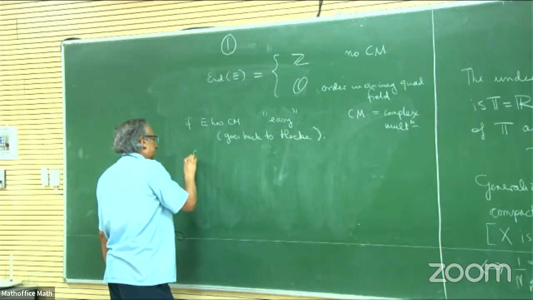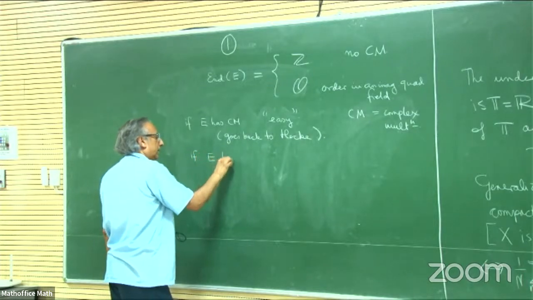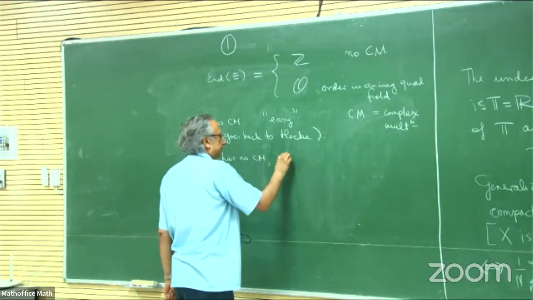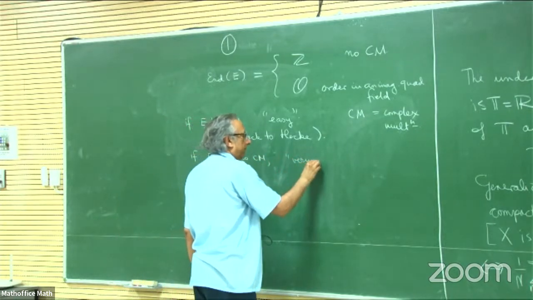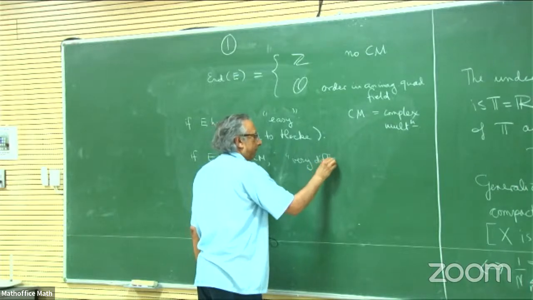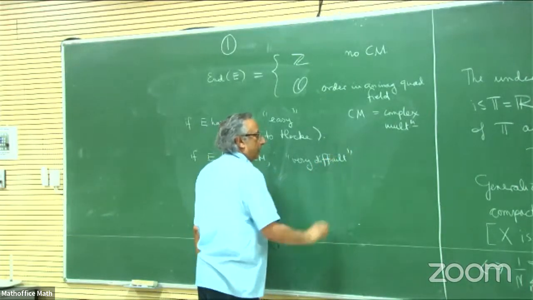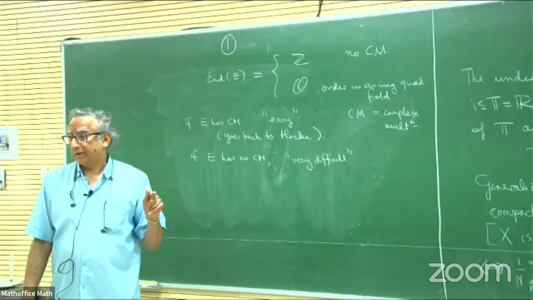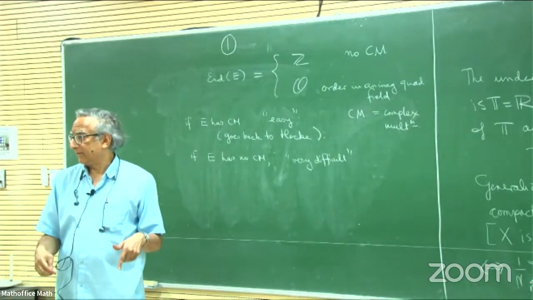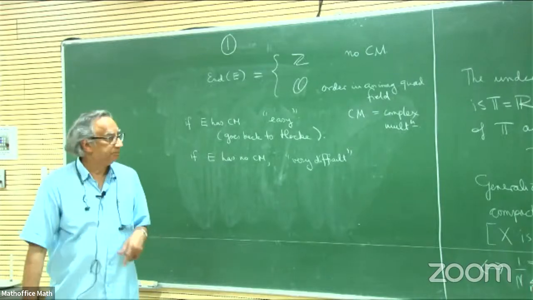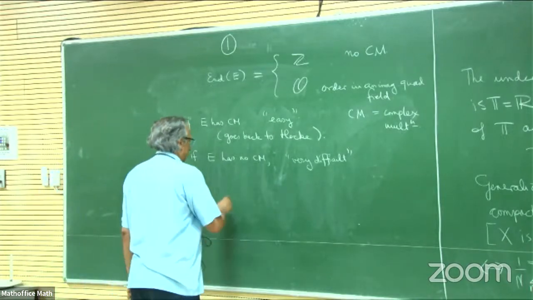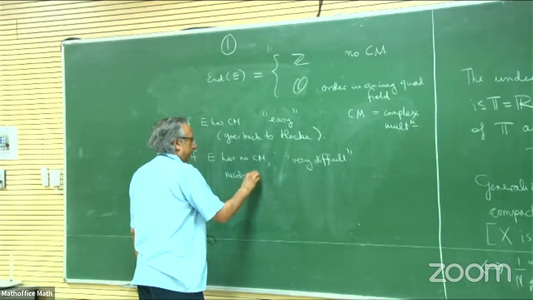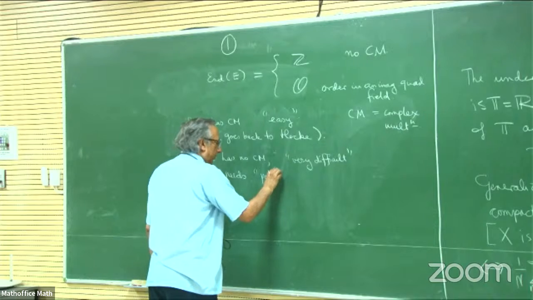And if E has no CM, very difficult. And it goes beyond the modularity conjecture that Wiles used to prove Fermat's theorem. It goes beyond that. So it's harder. Very difficult. Needs potential automorphy.